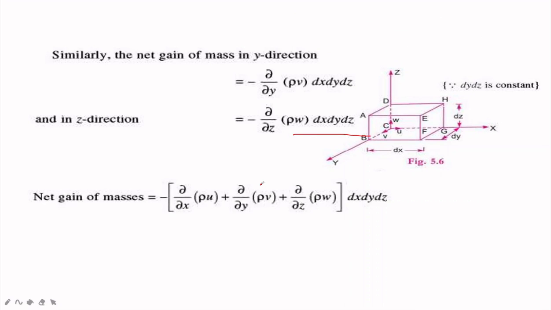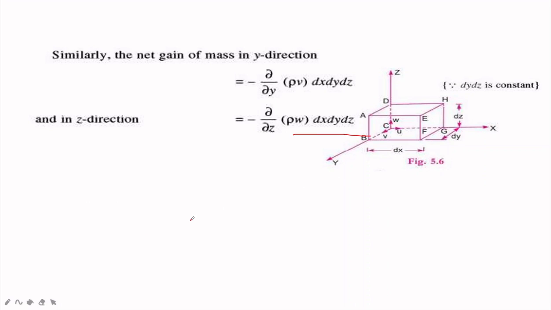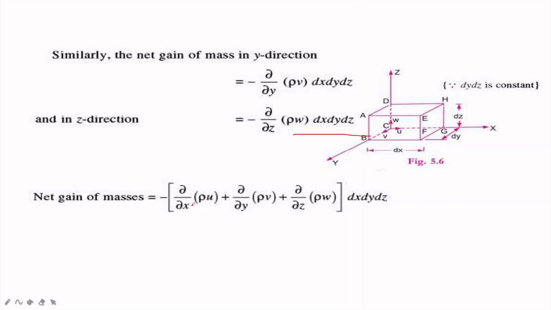The net gain of masses of the fluid element will be, what will be the net gain of masses? It will be partial differentiation of x into rho u plus partial differentiation of y into rho v plus partial differentiation of z into rho w. We will add the three equations, this one and also in the x direction that one.